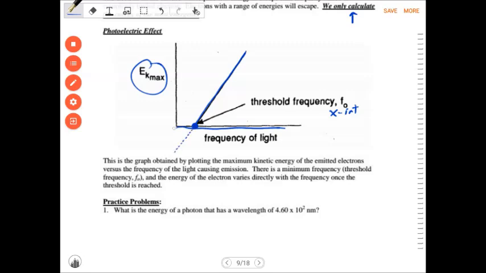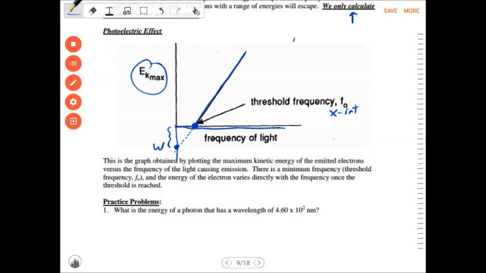If we back this up, this point here is the y-intercept. Oddly enough, that is the work function. That is how much energy the photon has to give up in order for the electron to become free. So that's what happens at the threshold frequency, and the work function will be the y-intercept on these graphs.